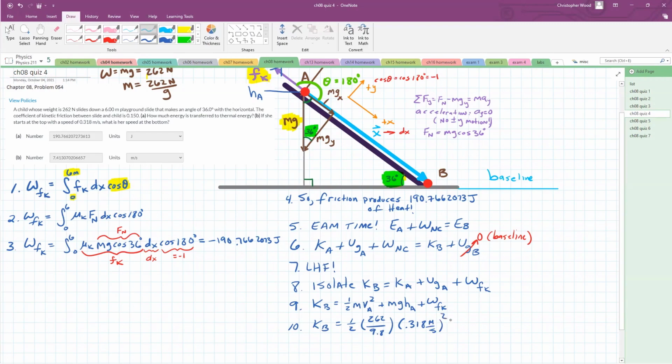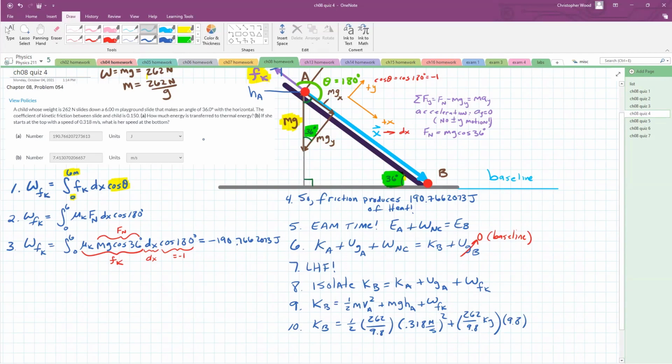I've got to square that, plus m, which is again 262 over 9.8 kilograms, times g times h_A. What's h_A? Well, some trig.